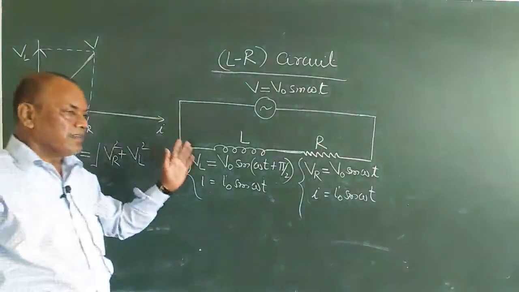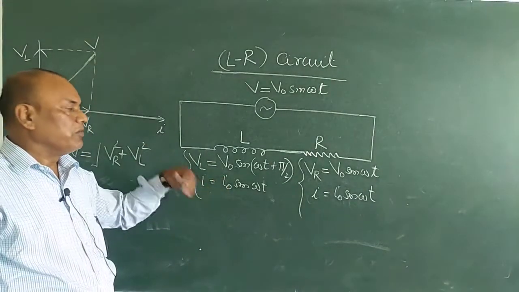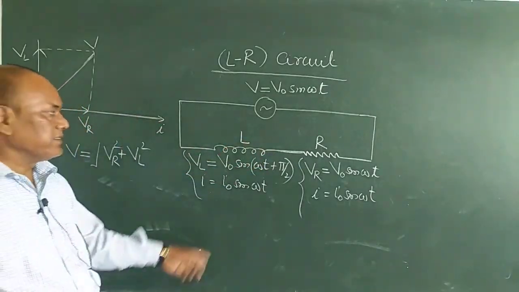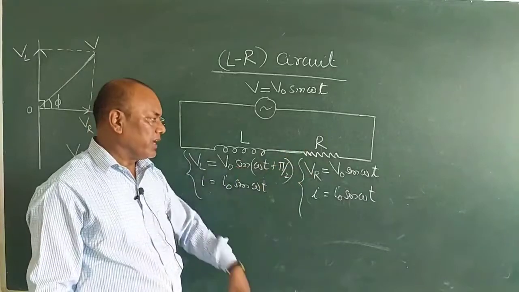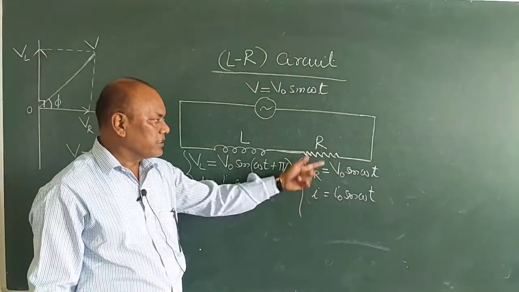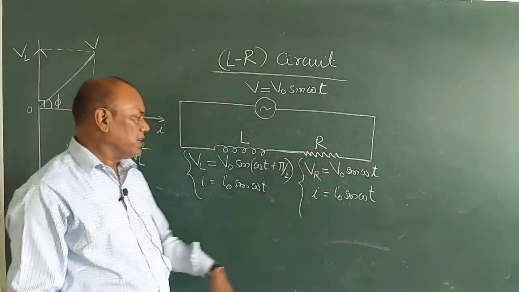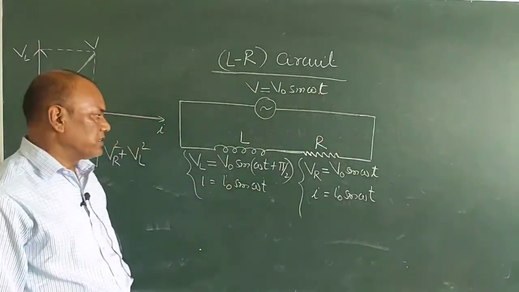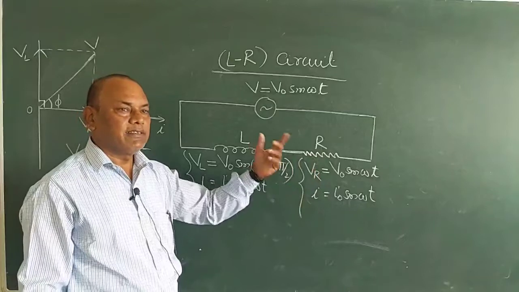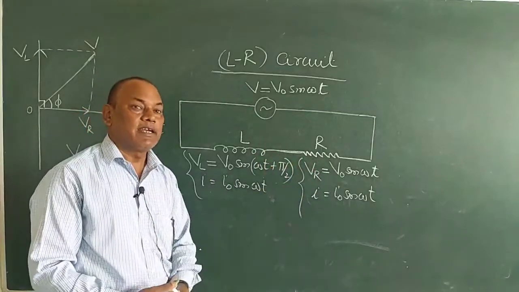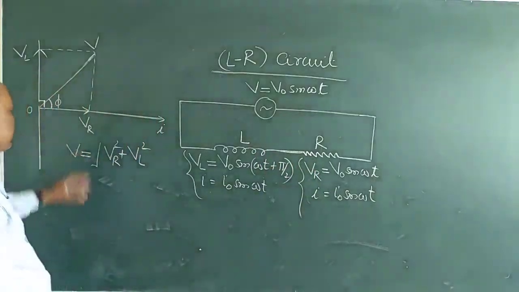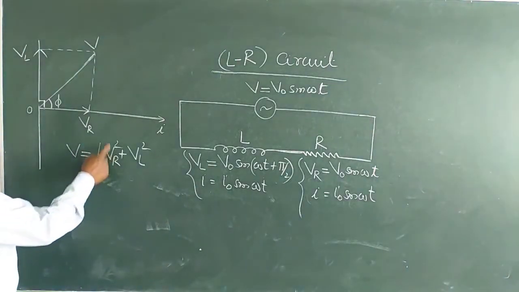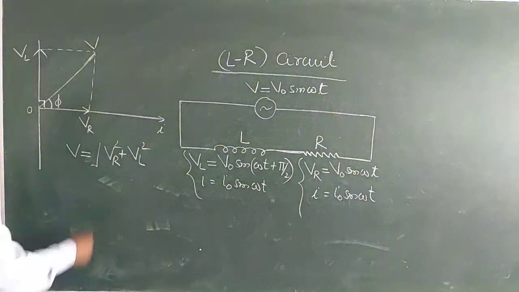This is the resulting voltage in this LR circuit, whereas VR is the voltage developed across resistance and VL is the voltage developed across inductor. When both are connected in series, there will be a resultant voltage, and that resultant voltage can be obtained by this formula, under root VR square plus VL square.